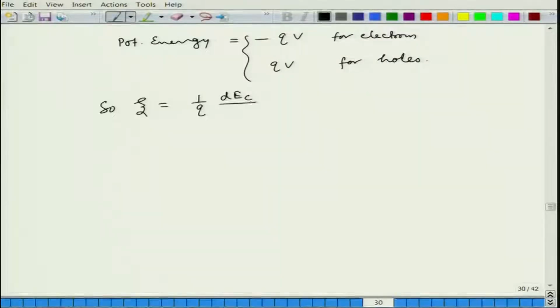Conduction band is associated with electrons and valence band is associated with holes. So, we can write xi to be 1 over q dEc by dx, and it is equal to 1 over q dEv by dx. Okay. And everywhere you will see that both the conduction band and the valence band will be affected equally, and that is why they stay parallel.